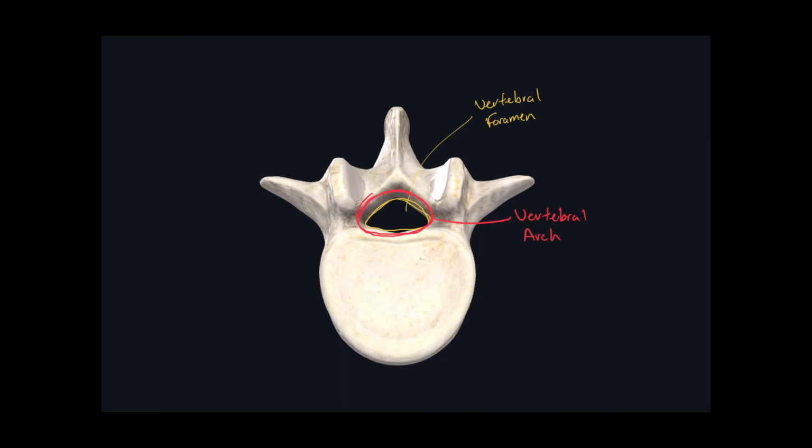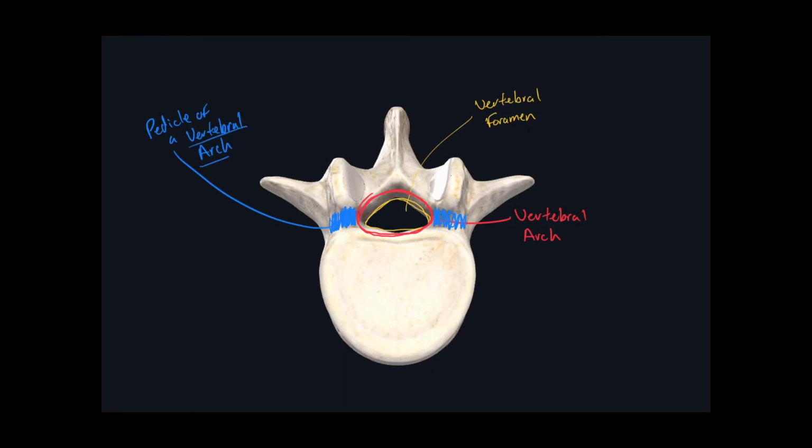The vertebral arch can be broken down into two different anatomical landmarks. The first one being right here. The sides of the vertebral arch, located right here, are called the pedicles of a vertebral arch.